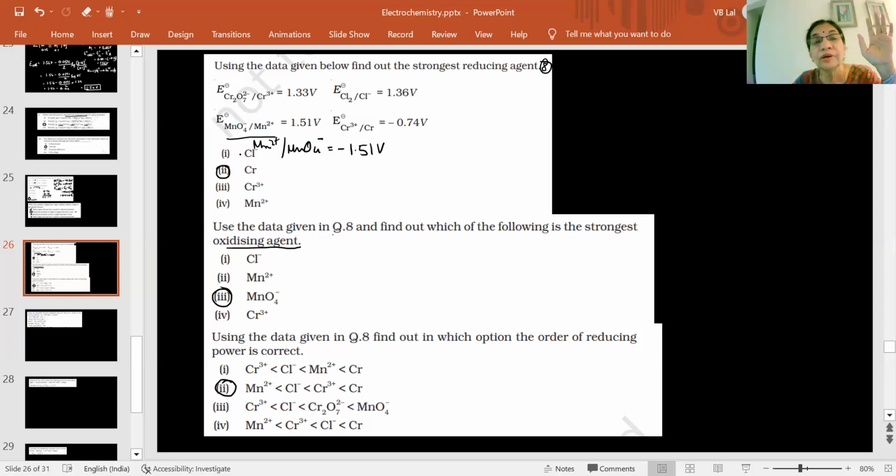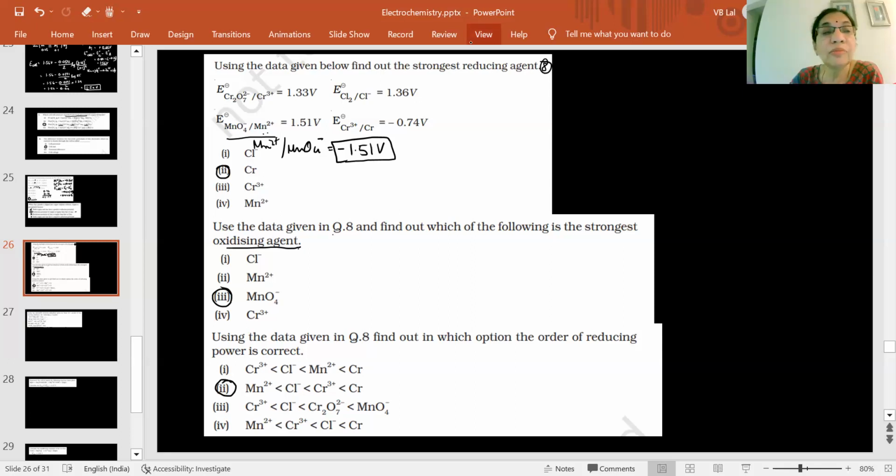What is given here is the oxidation potential. So that is why you have to reverse it, and then you will realize this has the lowest reduction potential, and the one which has the lowest reduction potential will be the strongest oxidizing agent. Convert all of them into reduction potential and then do it.